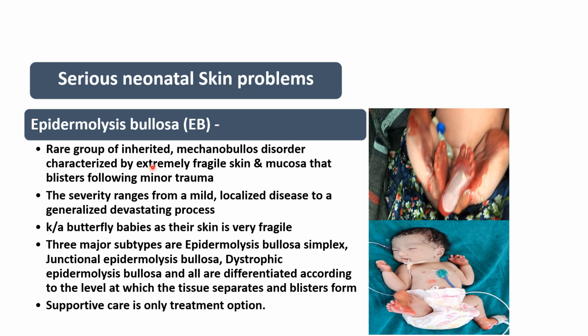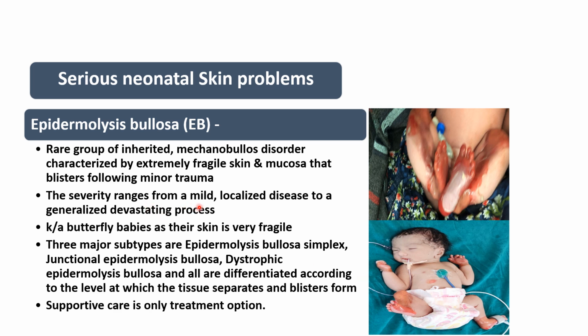It is a rare group of inherited mechanobullous disorders characterized by extremely fragile skin. The newborn has extremely fragile skin and even the mucosa blisters following minor trauma. Initially the newborn will have blister formation, and when it ruptures, then the raw skin will be visible.